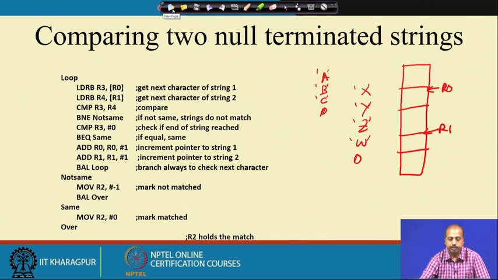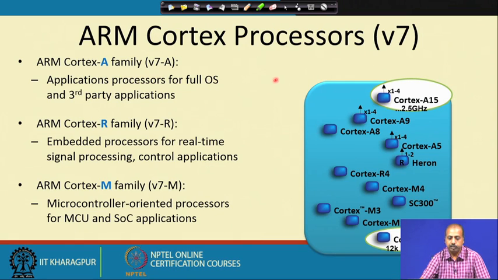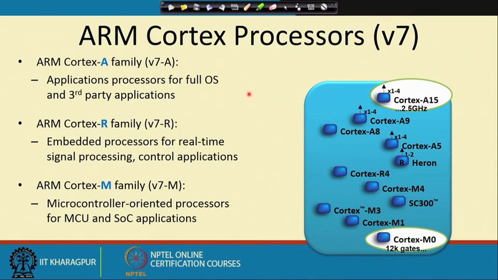So, those types of checks can be incorporated. Next we will look into the advanced processors of ARM. As I said, ARM processors have been developed into the Cortex family of processors, and this ARM Cortex is divided into three different families.